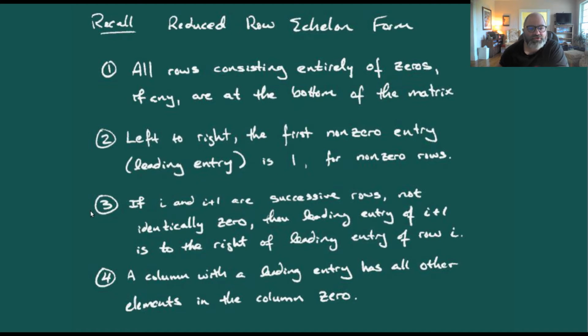If we have two successive rows, i and i plus 1, not being identically 0, then the leading entry of row i plus 1 has to be to the right of the leading entry of row i. And finally, if we have a column with a leading entry, then all other entries in that column have to be 0.